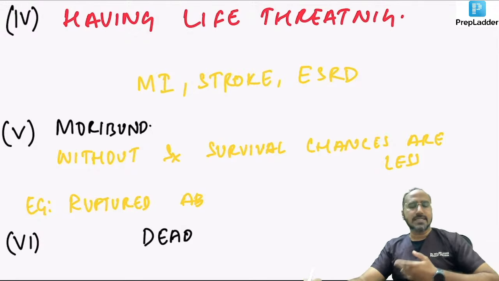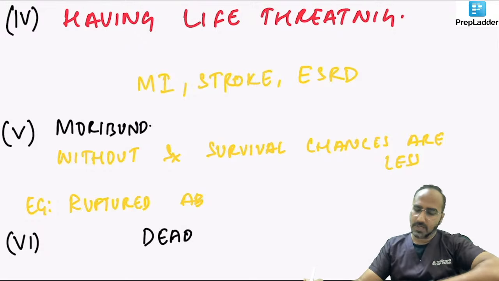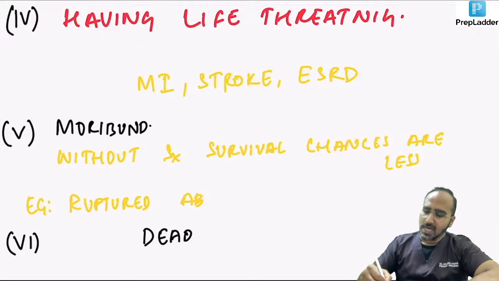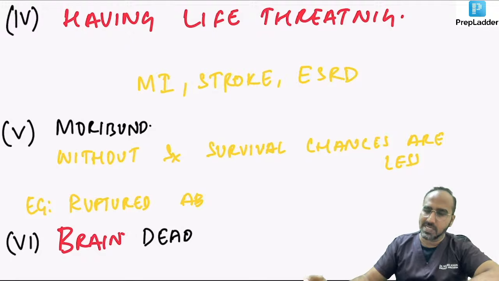That could be a recent MI or ESRD. Okay. Class 5 means what? A moribund patient. Without surgery, the survival chances are very less. Example, ruptured abdominal aortic aneurysm. Okay. ASA class 6 means what, guys? Brain dead patient. That is regarding the ASA classification.